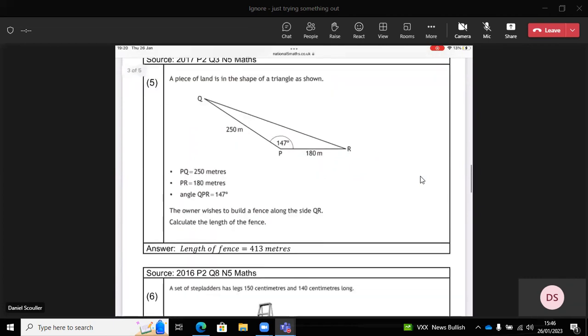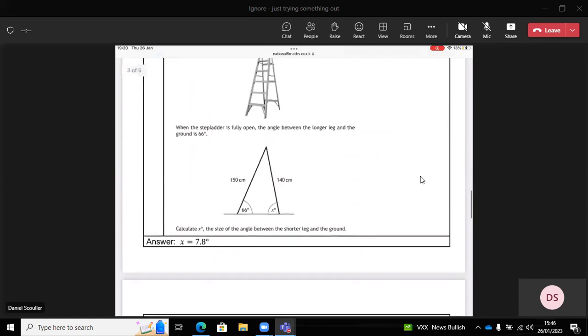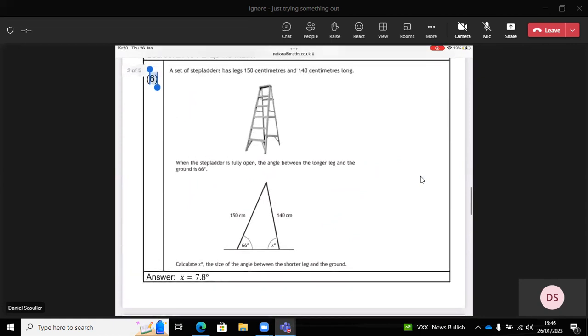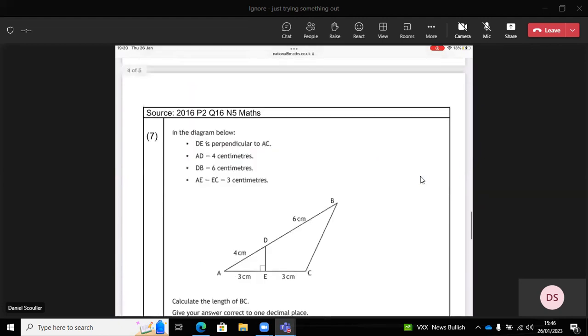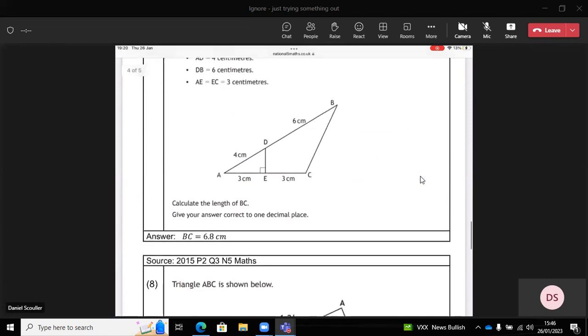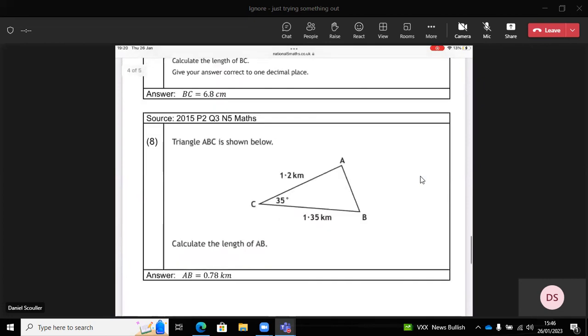Not got that. Try to find one with cos where it's asking you to use a. What's this asking? That's for the angle. AB. There we go.